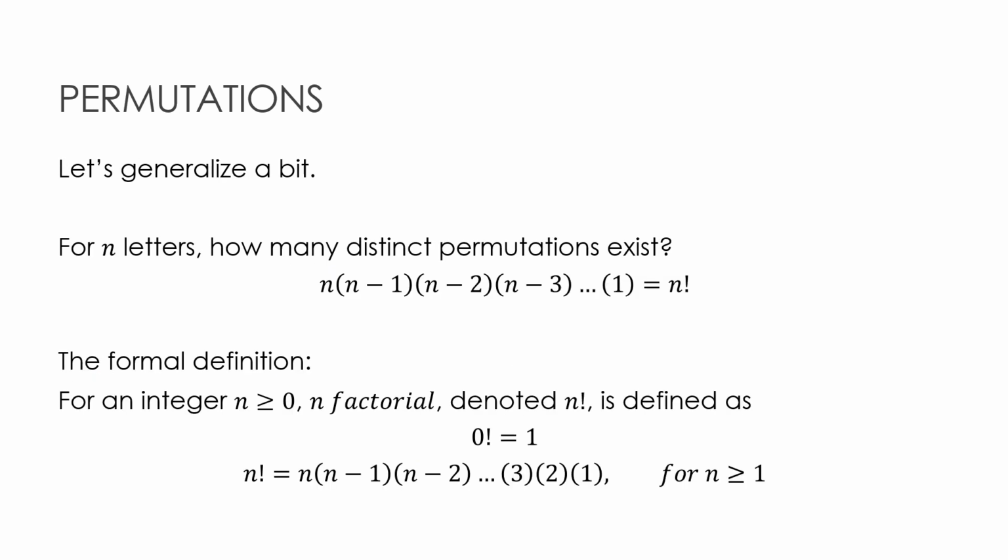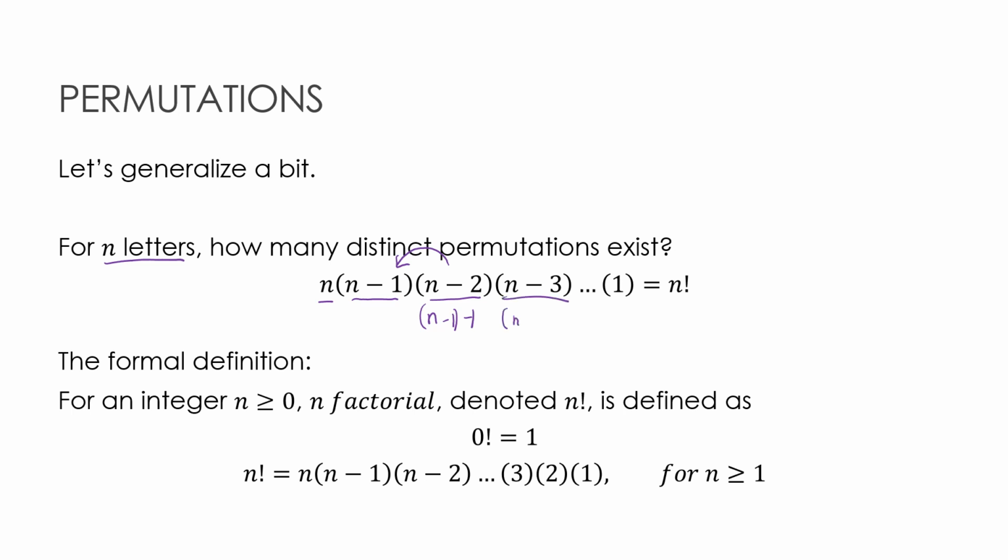Now obviously for just 3 items, it's pretty straightforward, but let's talk about a generalization of that. If I had n letters, so 100, 1,000, a million, etc., how many distinct permutations exist? Well, if I'm using all n letters, then there are n options for the first, 1 less than that for the second, 2 less than that because this is actually n minus 1 minus 1, because it's 1 less than what I had here.